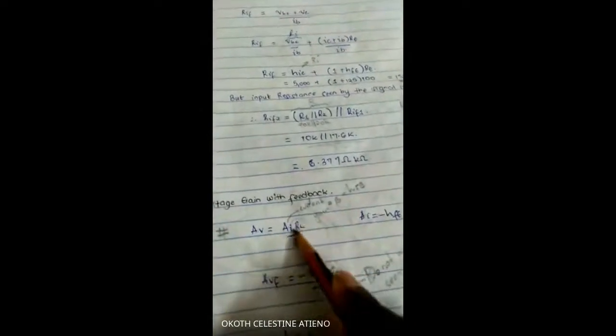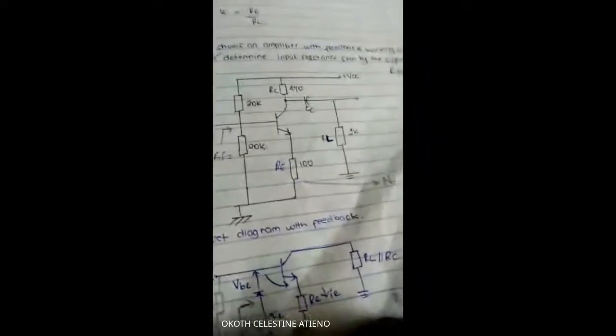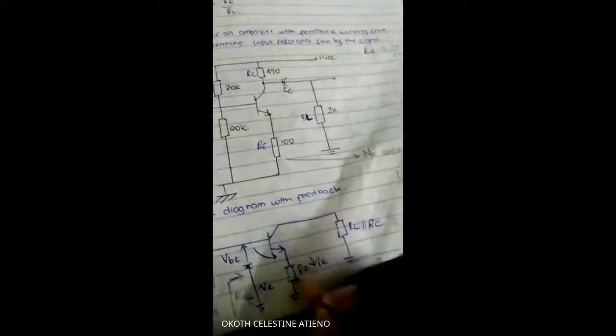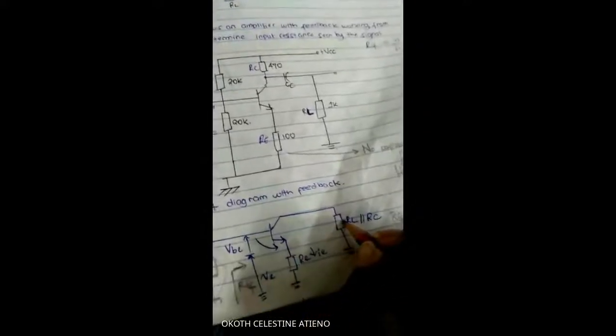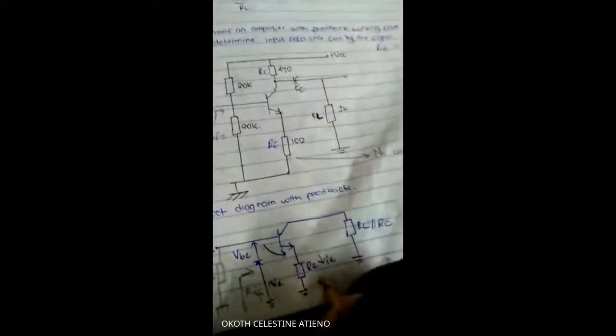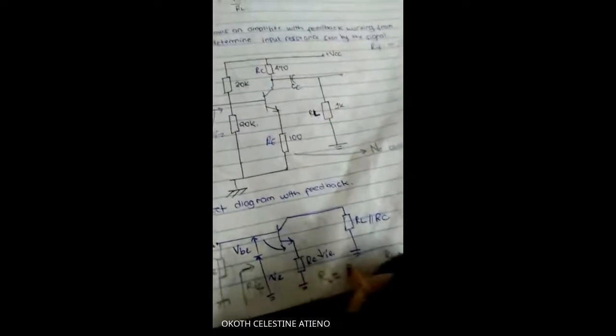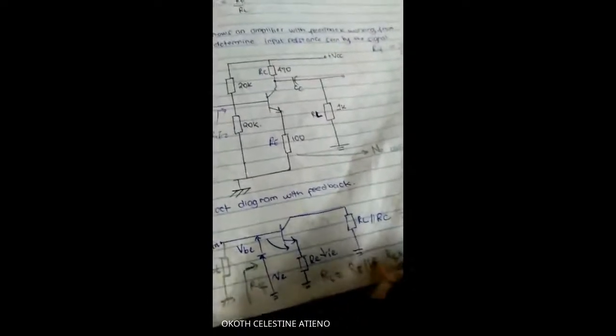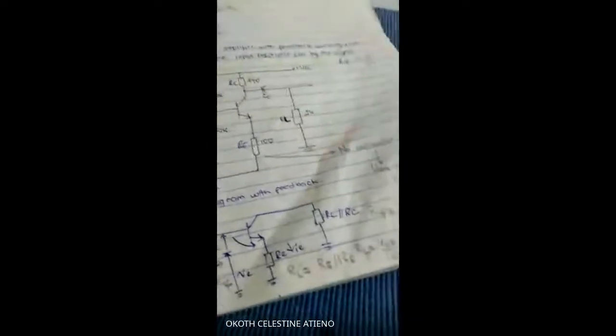Now this RL should not confuse you. This RL is on the load side, so it is this one in parallel with this. So capital RL is RE in parallel with this RC.